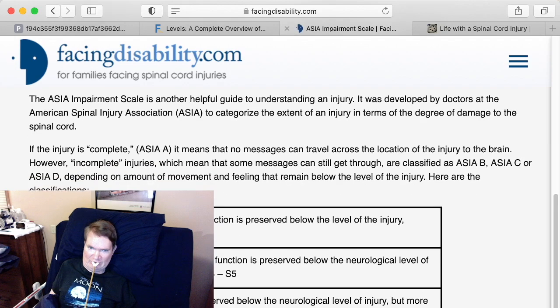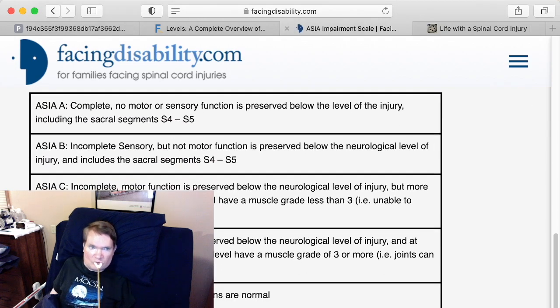So if I go further down here, we can see Asia A and B. And A, again, is complete injury with no motor or sensory function. And Asia B is incomplete sensory. So, meaning that the spinal cord injury is not complete, the person has no motor function below the injury level, but does have some feeling, which is me.